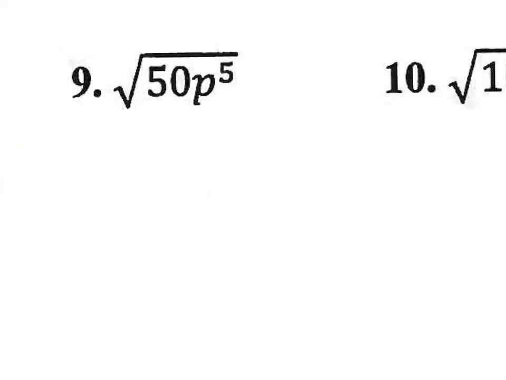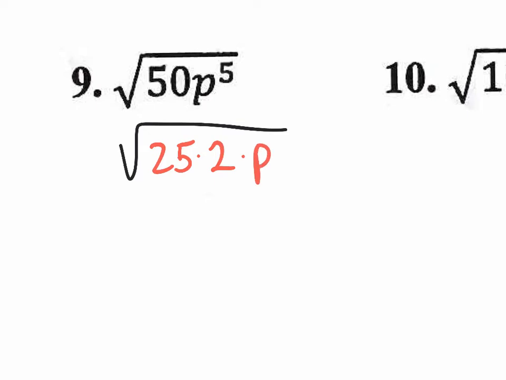Okay, so 50 is not a perfect square number. What I want to do is rewrite things so I could actually take the square root of certain things. So instead of 50, I'm going to say 25 times 2, because I will be able to take the square root of 25. And then instead of p to the 5th, I'm going to say p to the 4th times p. Are you with me? Okay? Now, what I want to do is split the square root only to the ones that I could actually do.